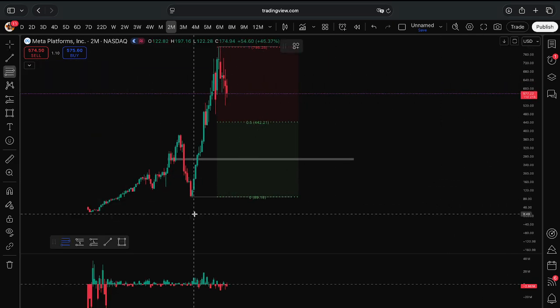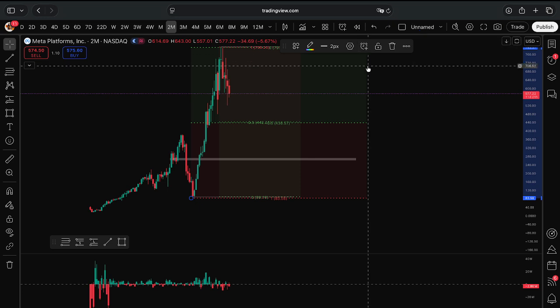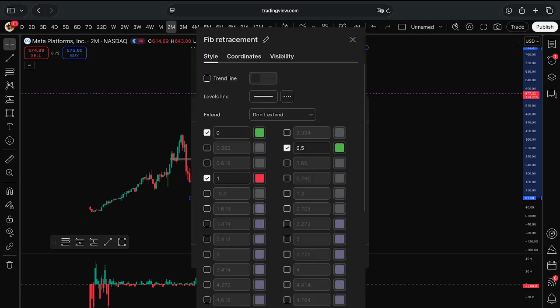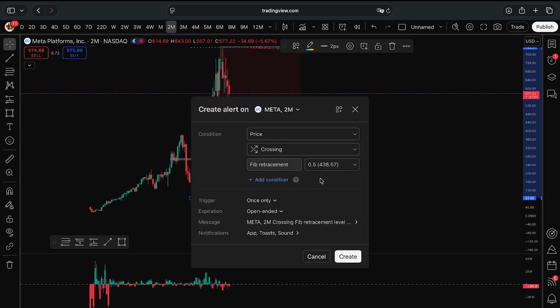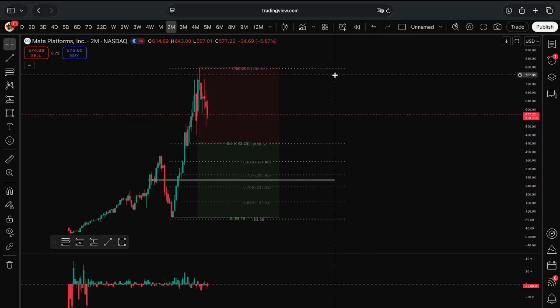Now if we put our fib over here, can we change this now so I get an idea of where the price actually sits?